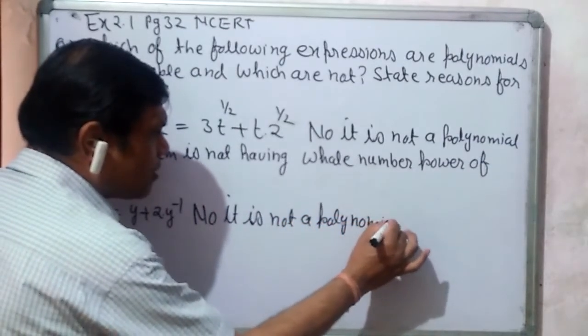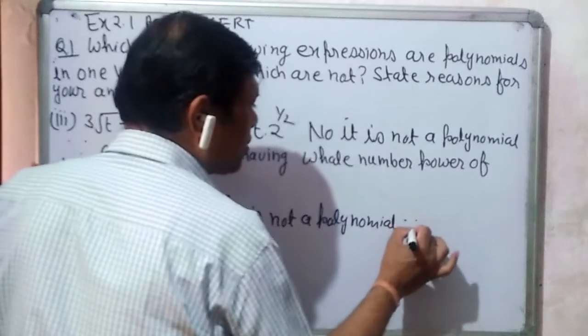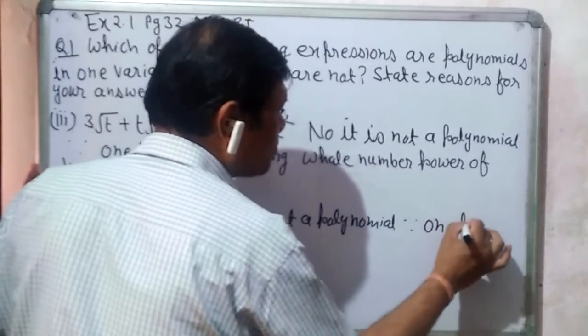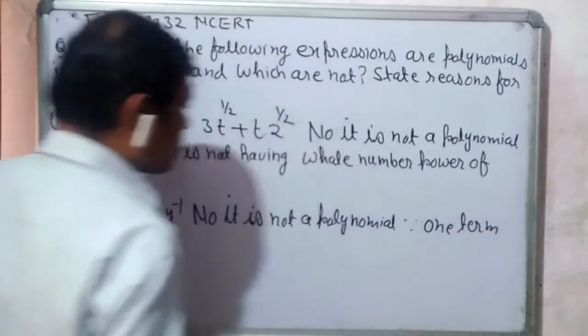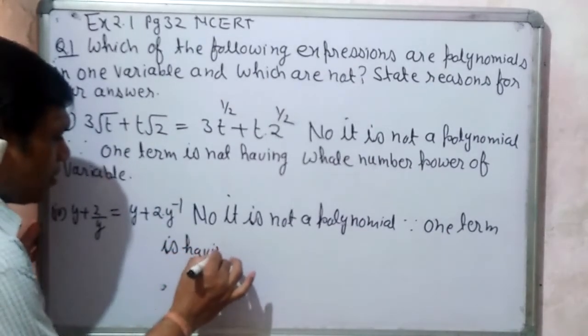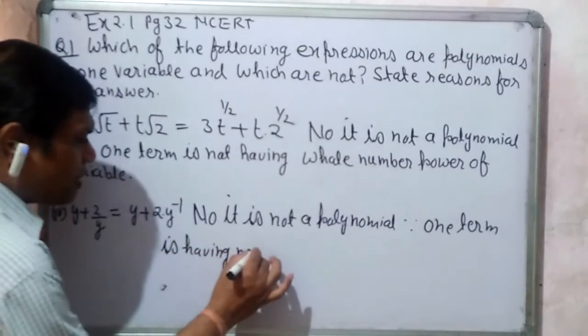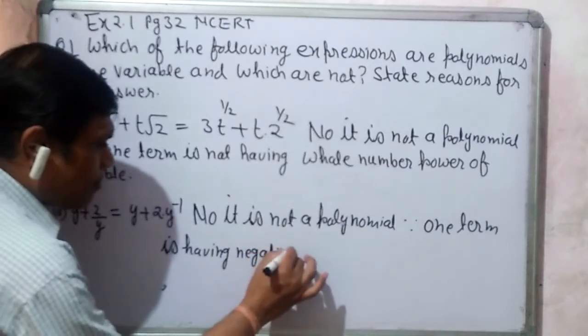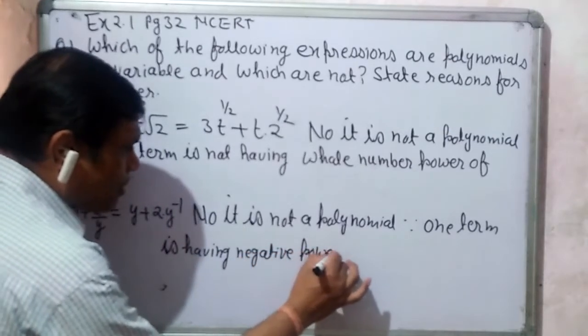It is not a polynomial because one term is having a negative power of the variable.